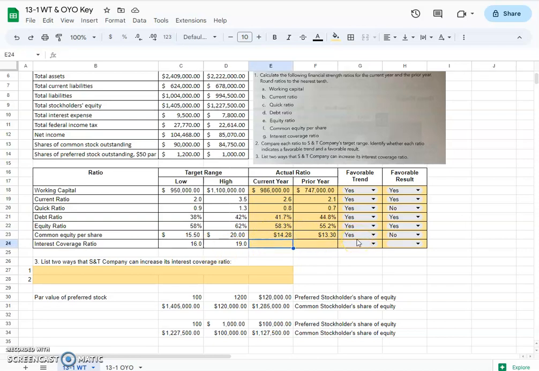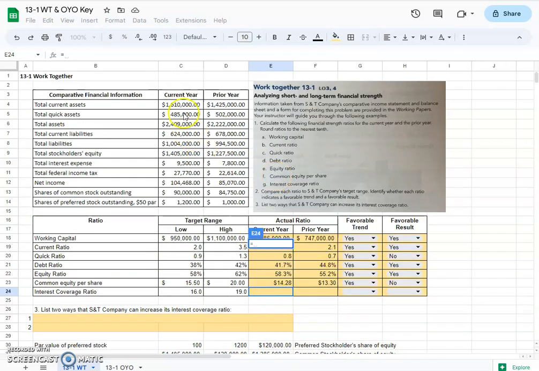It's just your net income plus your interest expense plus your federal income tax expense. Okay, that is your EBIT together.